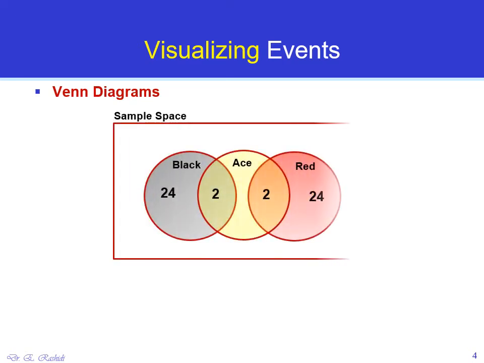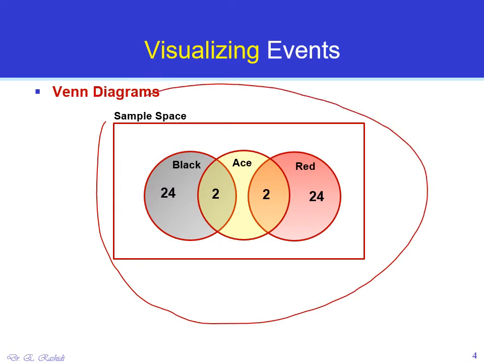Another way to visualize an event is using the Venn diagram that you are familiar with. So this is how a Venn diagram works. We draw the sample space, this biggest square here, so that's going to be our sample space.